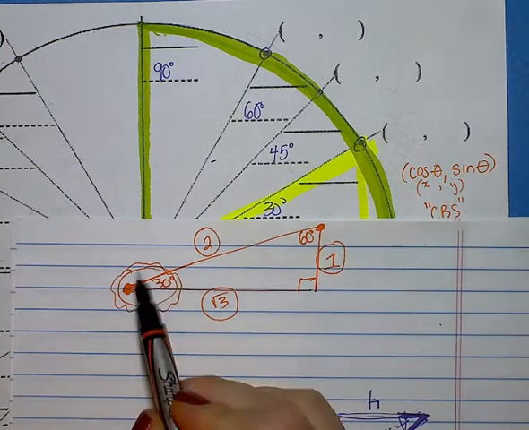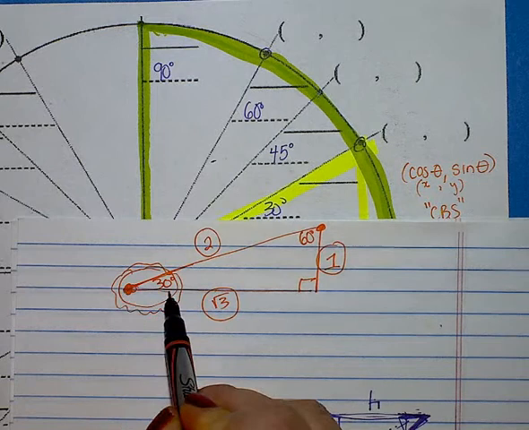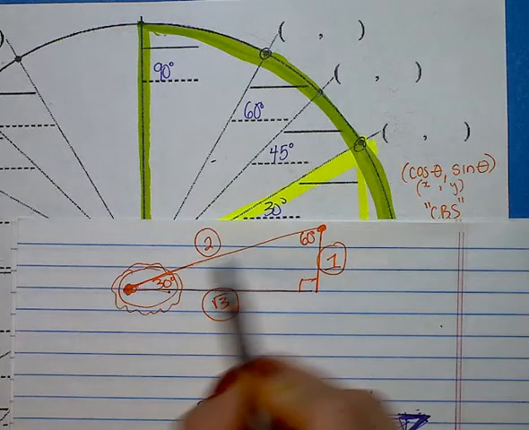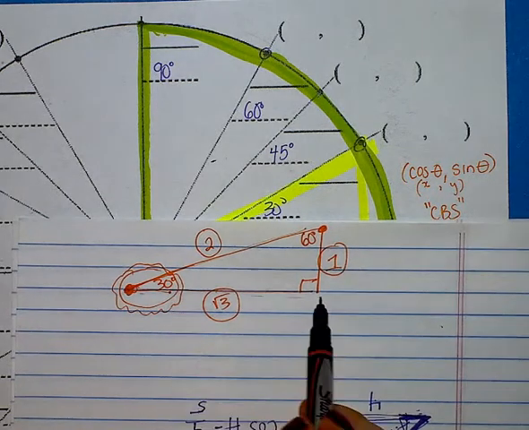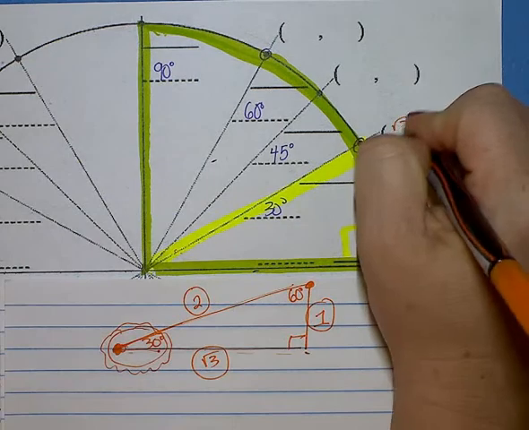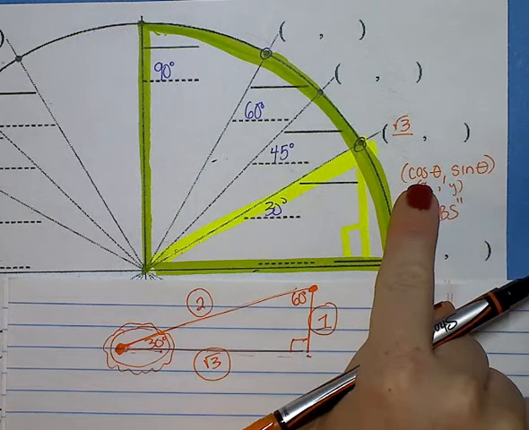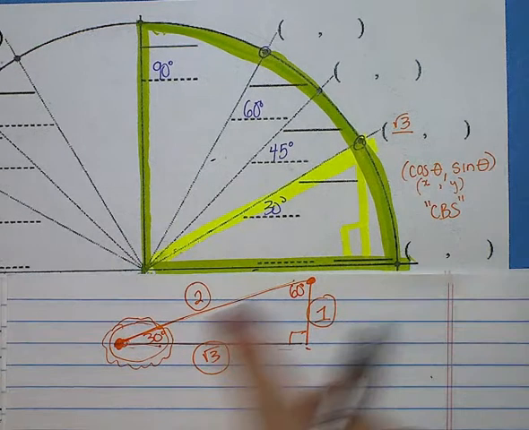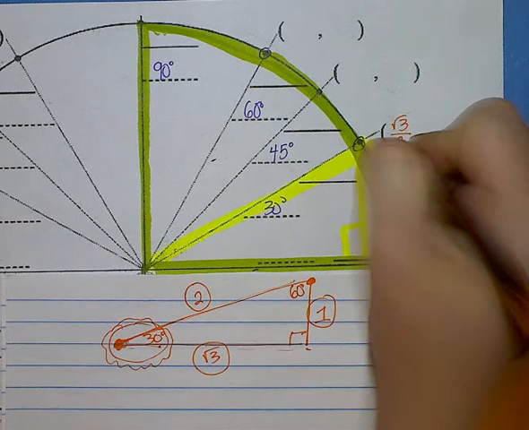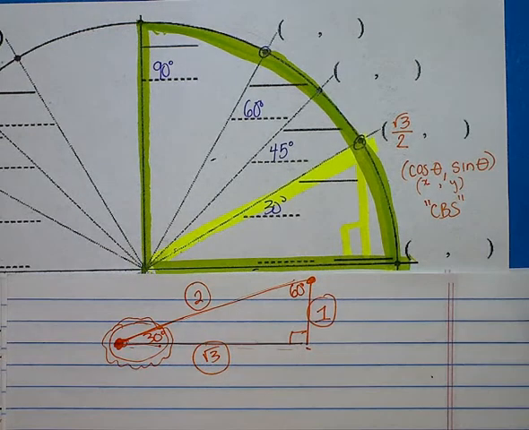Remember, adjacent says I help create the angle, but I can't be the hypotenuse, which would mean we're left with what length? Okay, come up here and write radical 3. And cosine is adjacent over hypotenuse. The length of the hypotenuse is 2. Here's your hypotenuse.